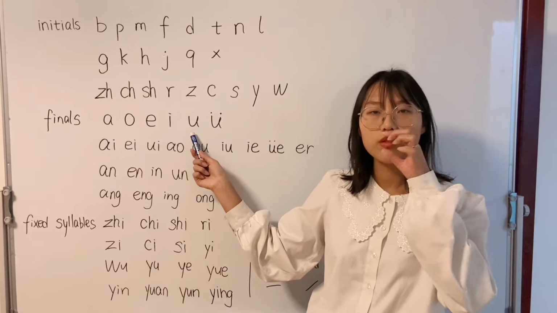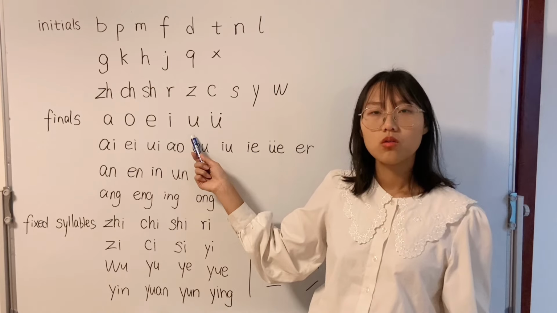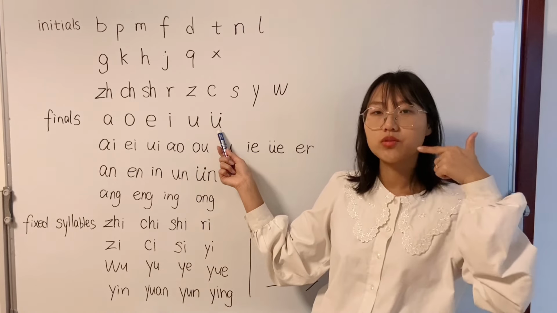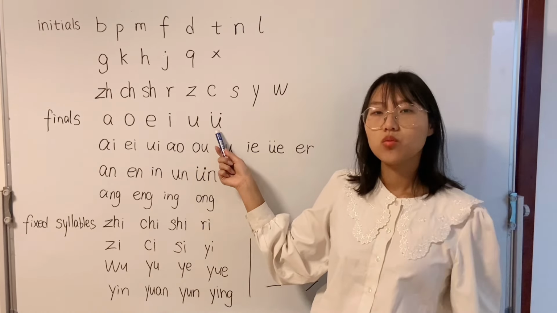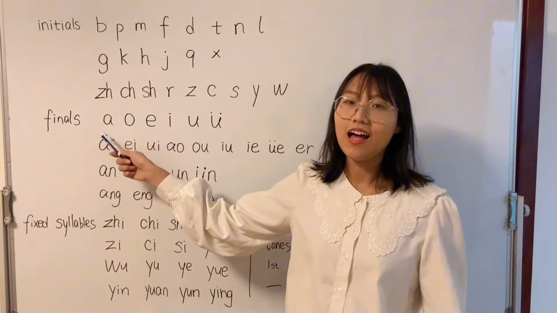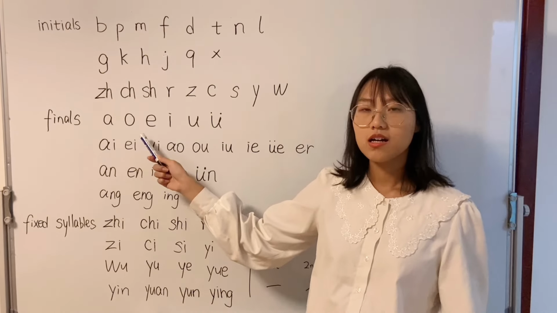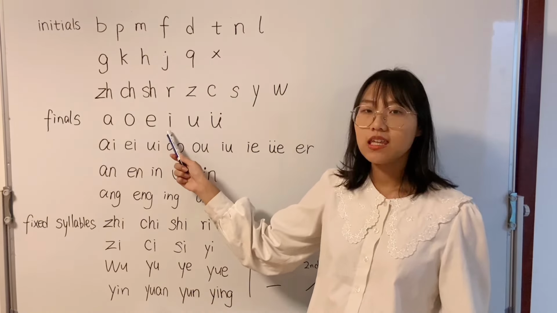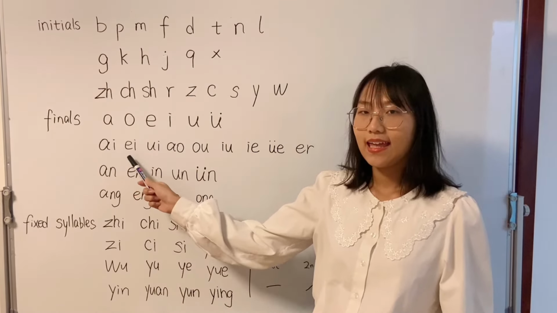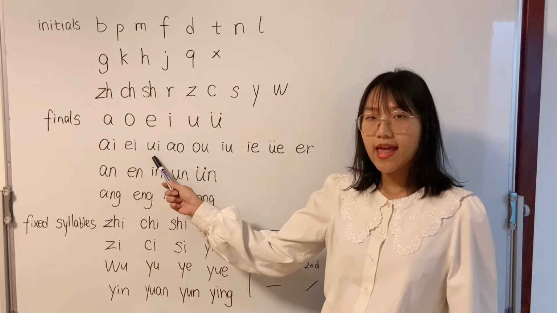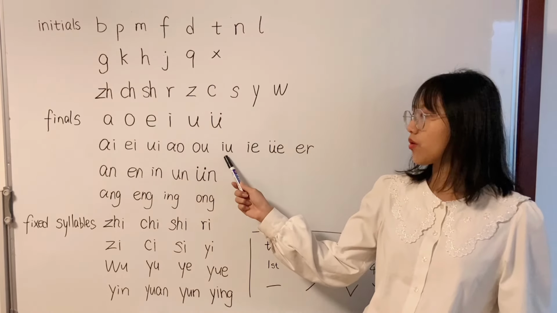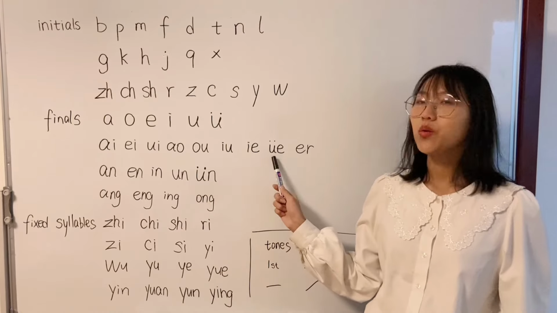Close a bit of your mouth like this shape. ü, like a circle, and you put your sounds right in the front. ü, ü. So let's read it again. A, o, e, i, u, ü.